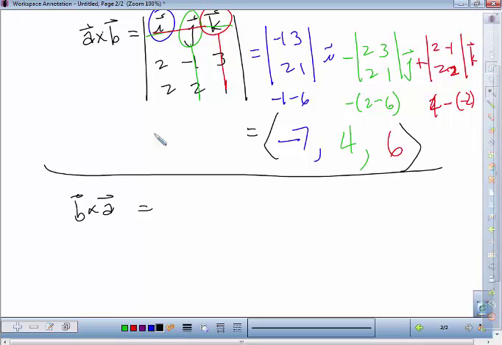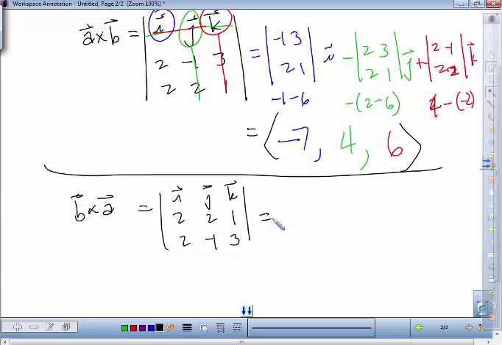Everything that we've done so far has been commutative, which means if we switch the order, we still get the same answer. So let's see if this is also commutative. So we'll set this up, I, J, K, 2, 2, 1. That's your B vector. It goes first. And 2, negative 1, 3. Okay?